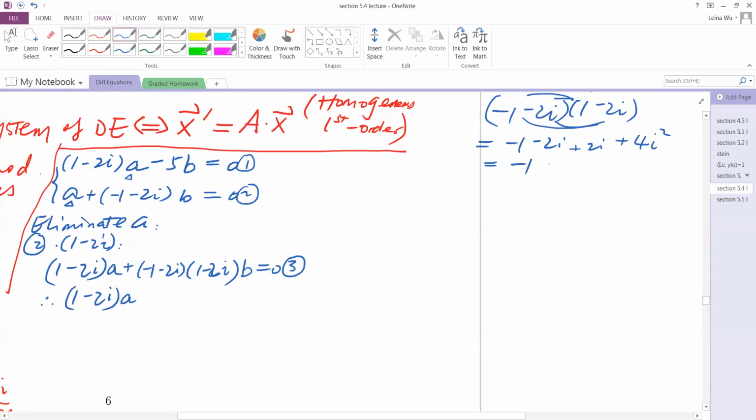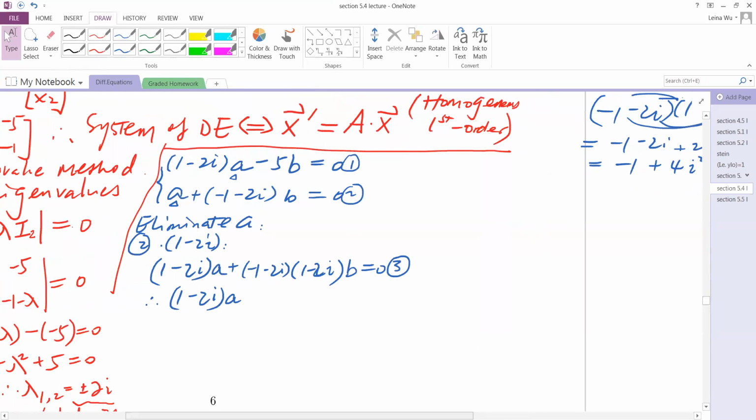Which is negative 1 plus 4 times i squared, so -1 minus 4, which is -5, right? Yep. So if you expand that, you just get -5b equals 0. This is equation 3.